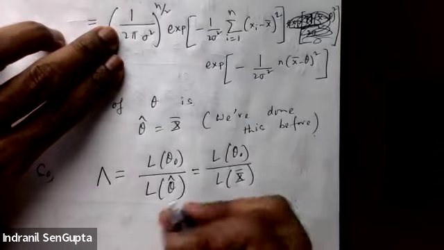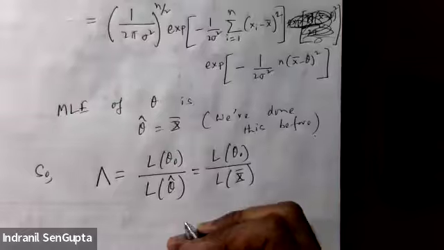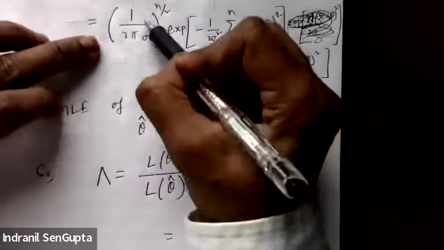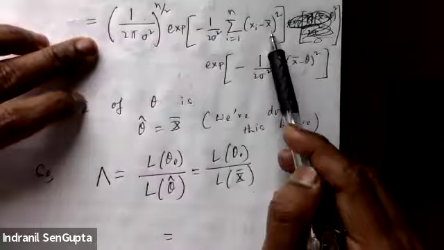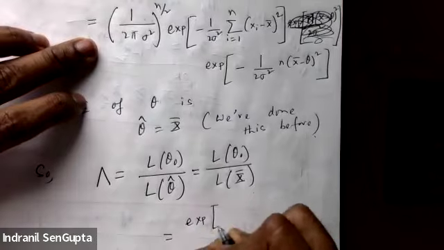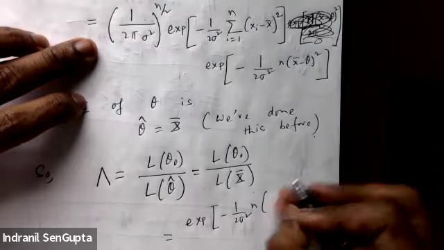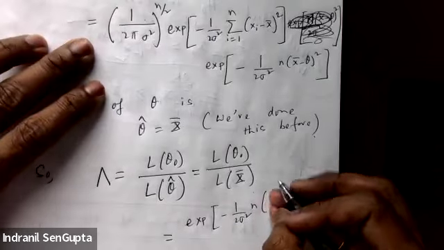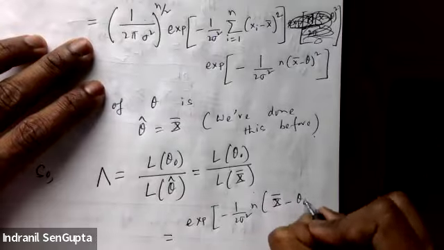So basically, what I will have is the following. If I compute this quotient, this quantity is independent of theta, so it will be gone. So I'll have e to the power of minus 1 over 2 sigma squared n times (x bar minus theta 0) squared.